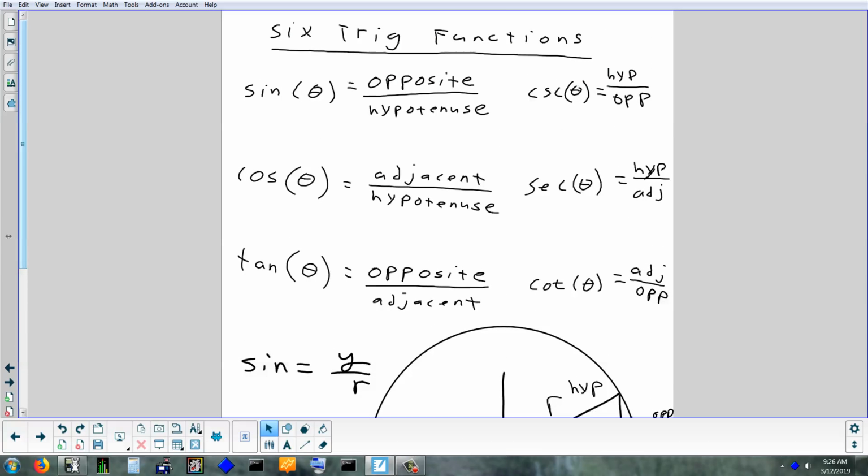It's like an acronym. You know that? All right. Well, I'll show you. Maybe you don't know it, or maybe you're just not quite sure. So sine is opposite over hypotenuse.